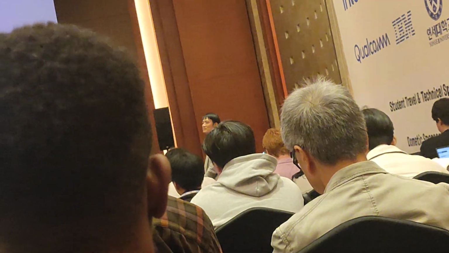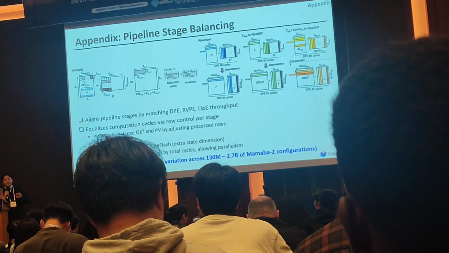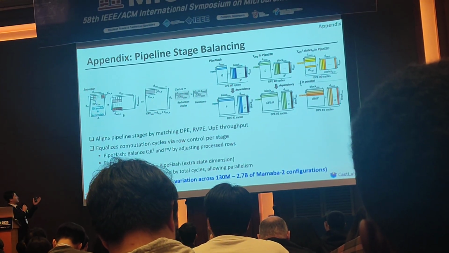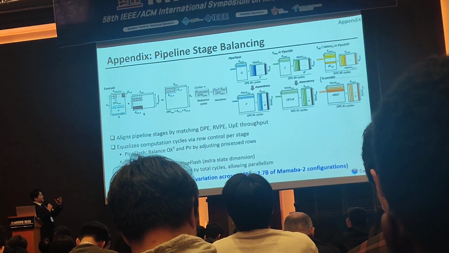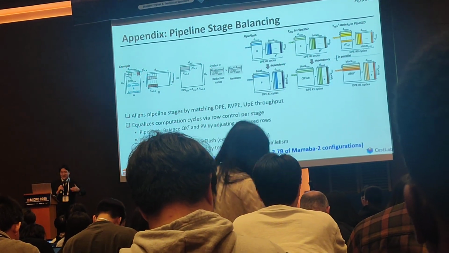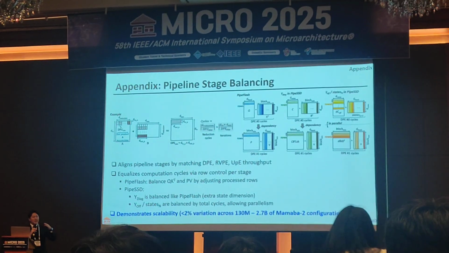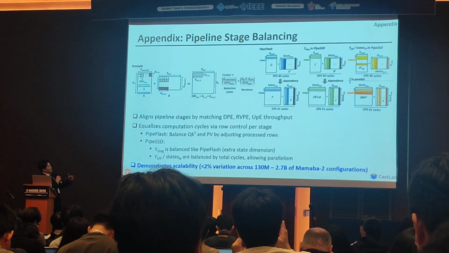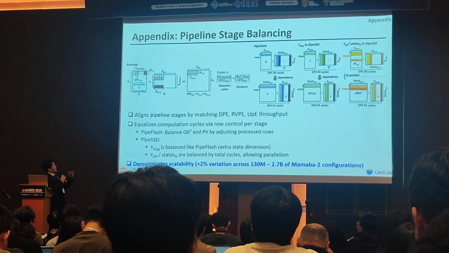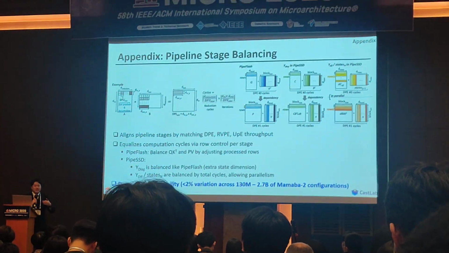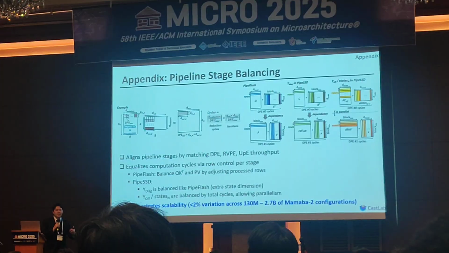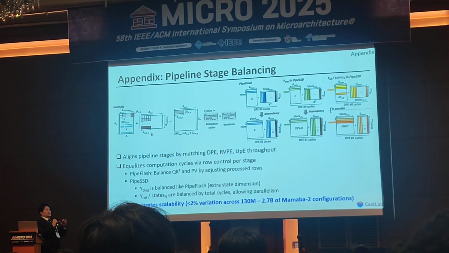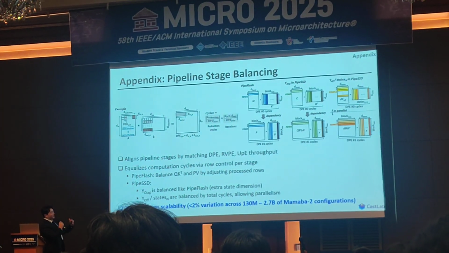So actually, that is a good question. I prepared some appendix for pipeline stage balancing because it is too important for our design. HRX balances the pipeline stages by aligning the throughput of DPE, RVPE, and UPE. Even though fused SSD has a lot of element-wise operations, fused SSD also has some matrix multiplication.